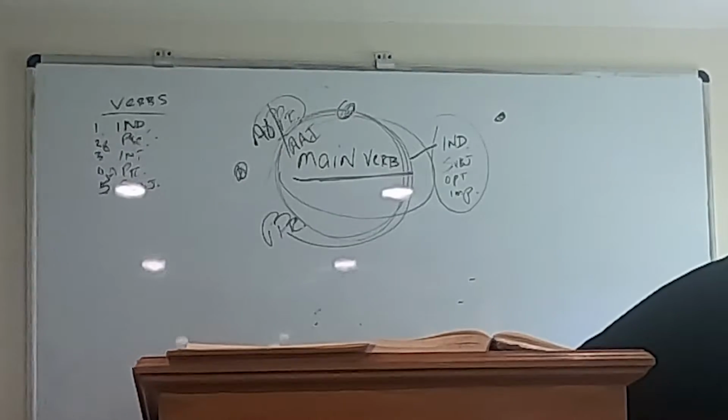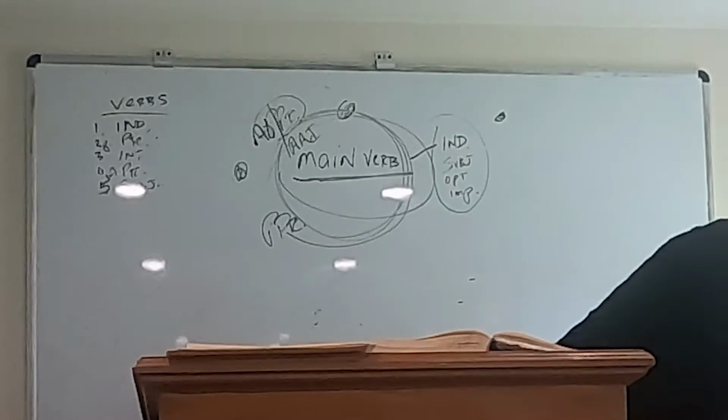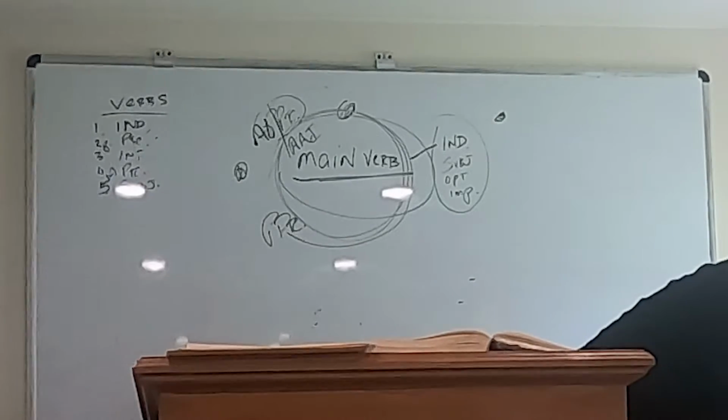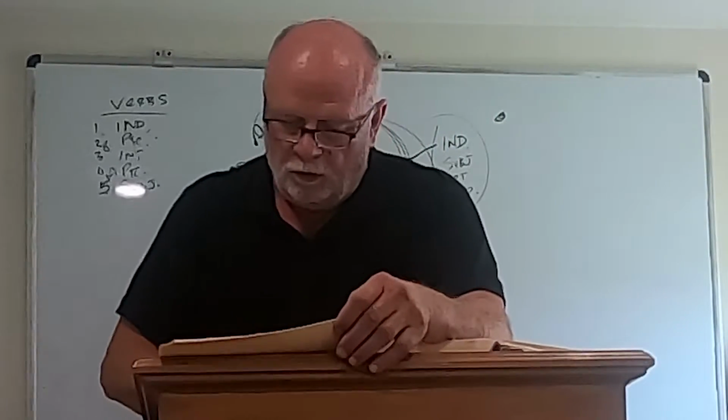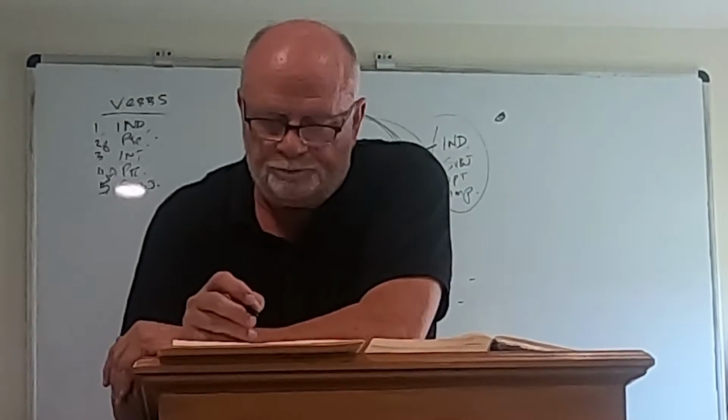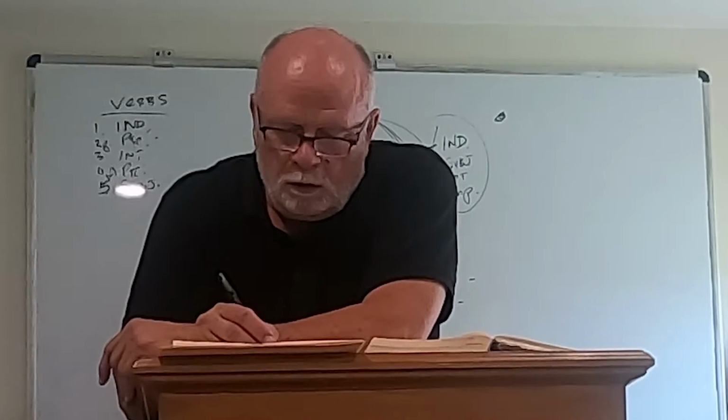Identify. The word let is aorist active. The word we might see is aorist active subjunctive. All right. So, what does the subjunctive tell you? It's possible.